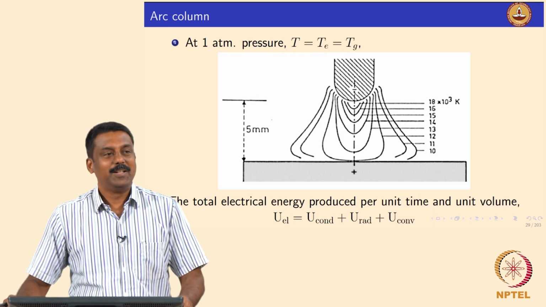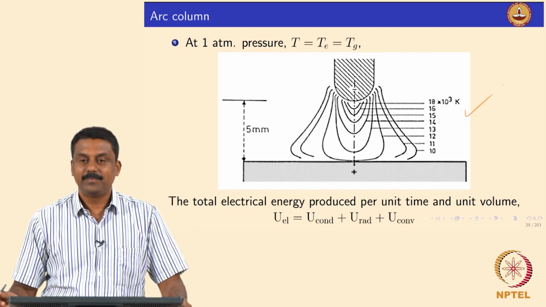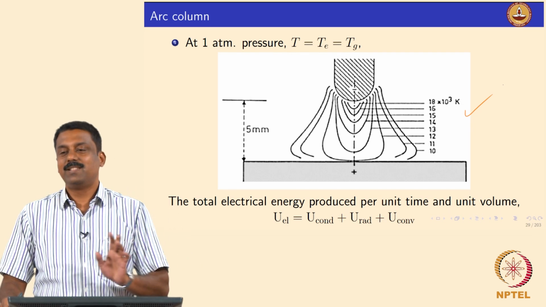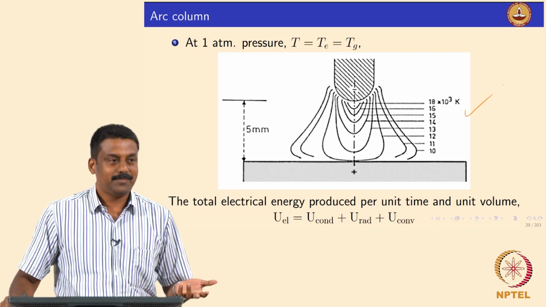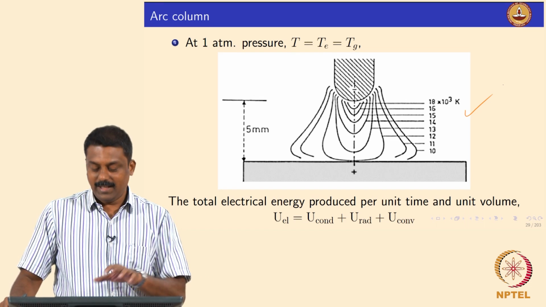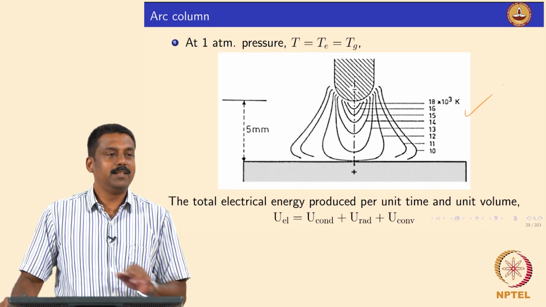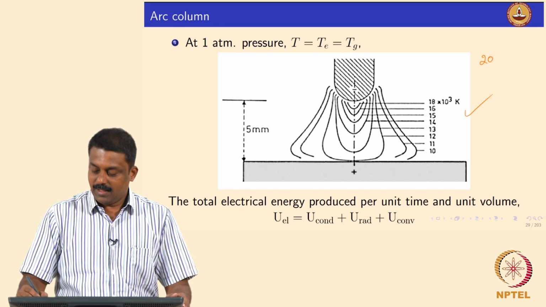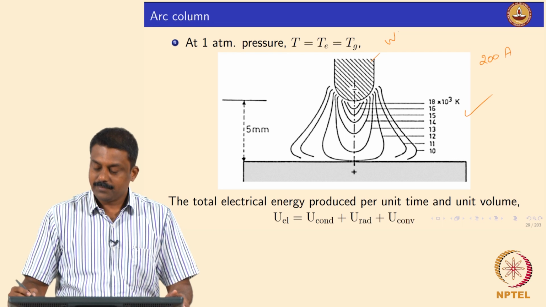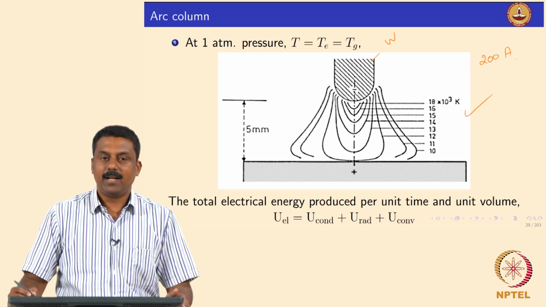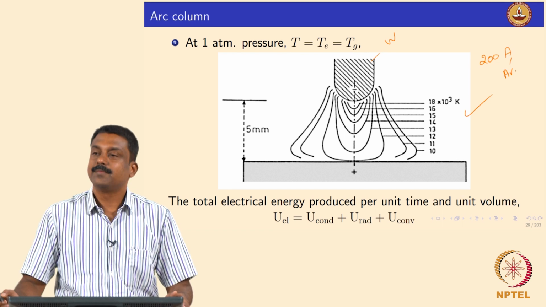Okay, so this experiment we carried out to look at what the temperature distribution of an arc would be. This is the real experimental data. It is done using 200 amperes current of a tungsten thoriated electrode, in argon atmosphere.